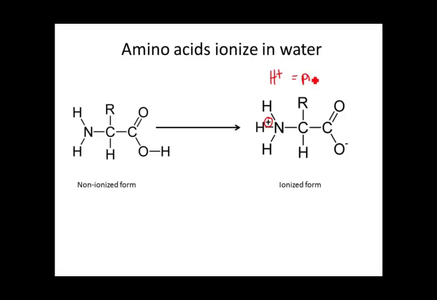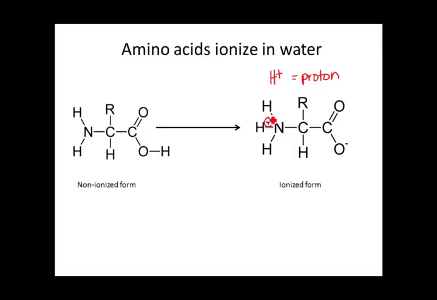If it's ionized, it loses its electron, and then it has just one proton. That's a good thing to know: a hydrogen ion, H plus, is the same thing as a proton. So the amino group picks up a proton and takes on a positive charge. We still call it the amino group.